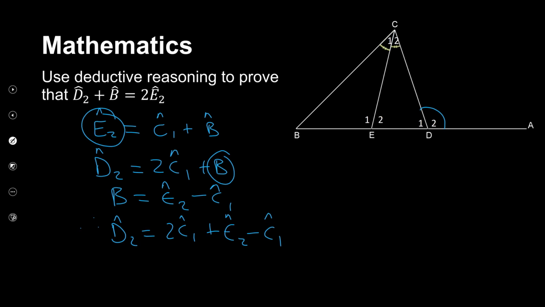Then you can see 2C1 minus C1 will be C1, so D2 is equal to C1 plus E2. But now I want to make sure that I have twice this particular E2 here.